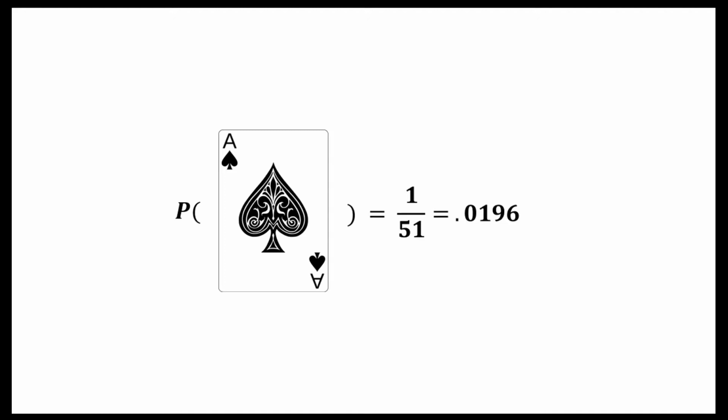Let's take a look at something called the multiplication rule. Determining the probability of 2 events occurring together follows what's called the multiplication rule. To find the probability of 2 events occurring, we have to multiply the probability of one event occurring by the probability of the other event occurring. I've done that in 2 ways here, once with replacement and once without replacement.